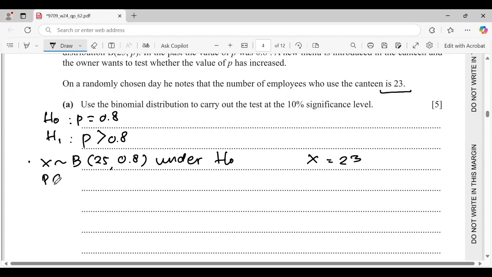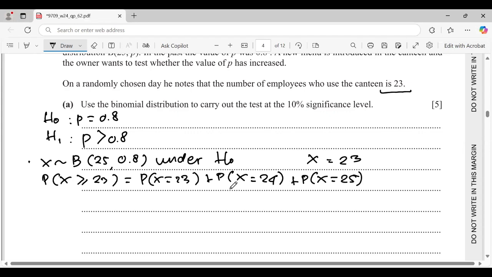So the probability X greater than or equal to 23 equals the probability X equal 23 plus the probability X equal 24 plus the probability X equal 25. Recall that n equals 25.